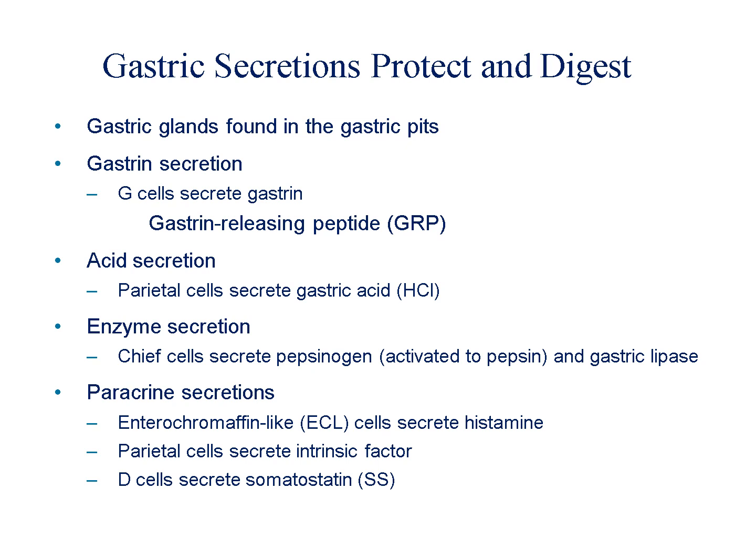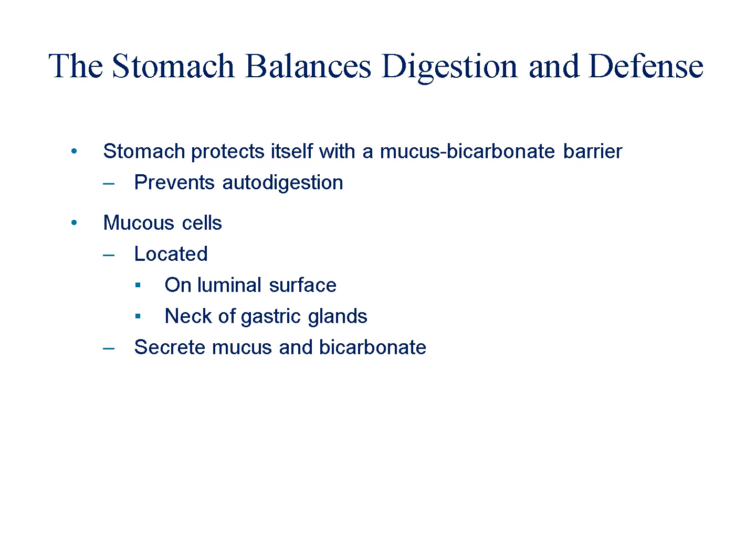Meanwhile, these cells release somatostatin, a hormone that inhibits gastric acid secretion to prevent excessive acidity. By combining hormonal, enzymatic, and paracrine secretions, the stomach efficiently processes food while maintaining a delicate balance between digestion and protection.